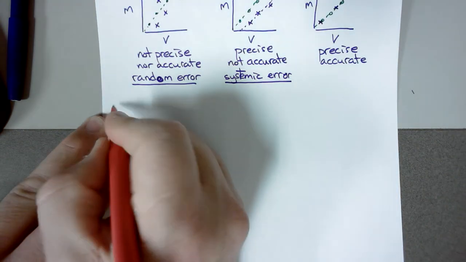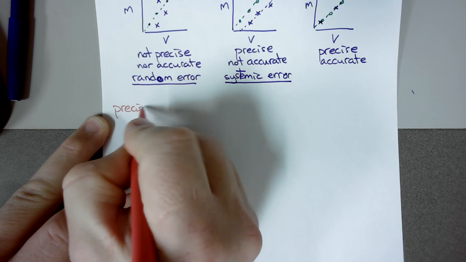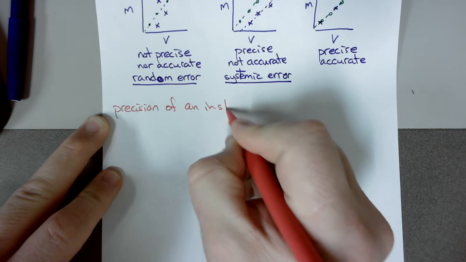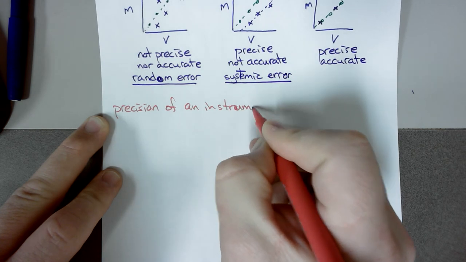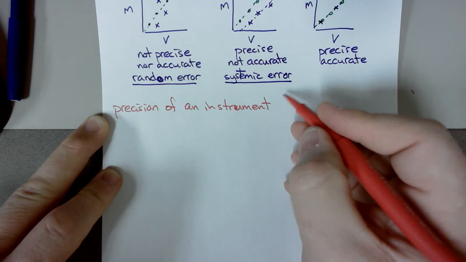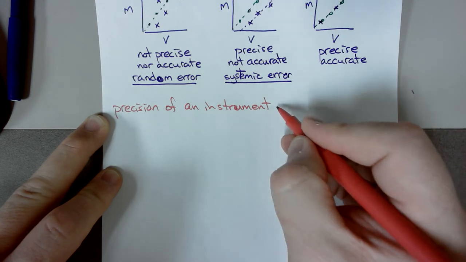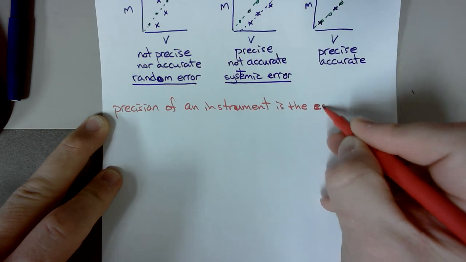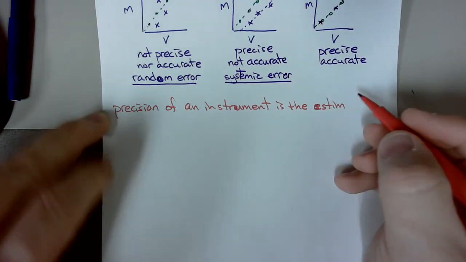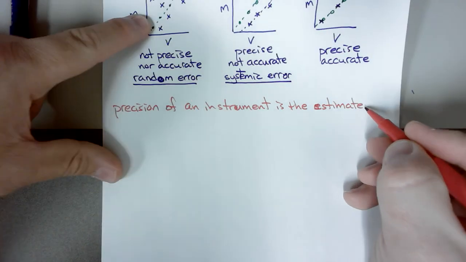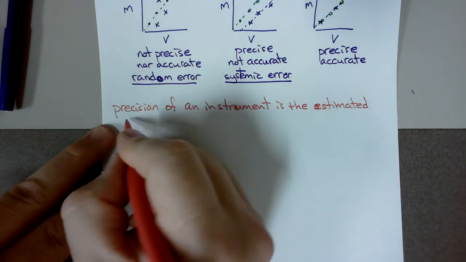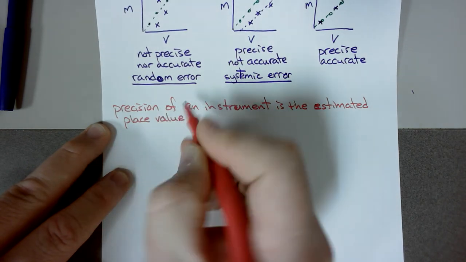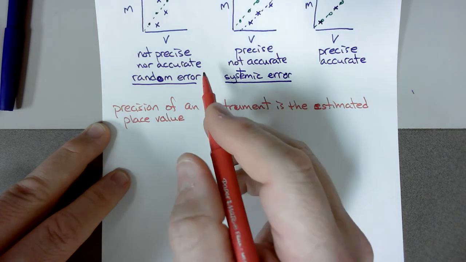Precision of an instrument is the estimated place value following the smallest marked increment.